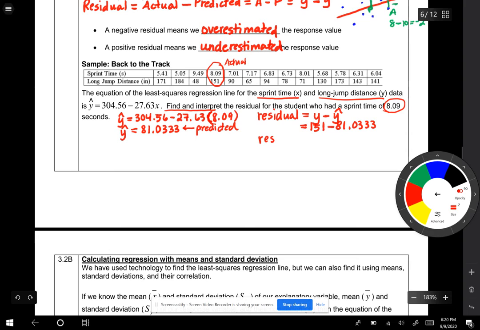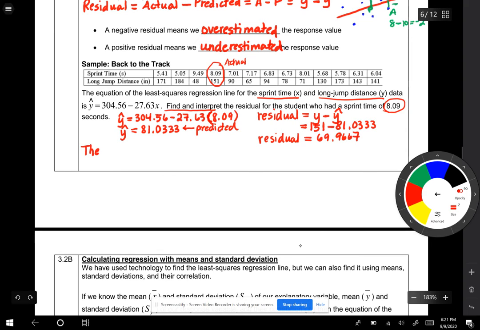Subtract, and you get that the residual is equal to 69.9667. Remember, rounding is not a big thing. You just don't need to have like 10 digits after the decimal point. The residual is positive, and remember, when the residual is positive, we have underestimated the response value because the actual is higher than the predicted.